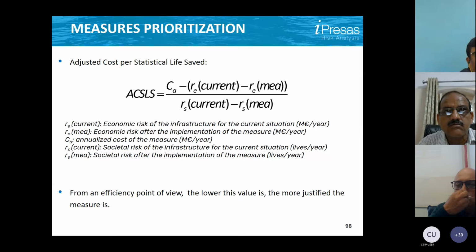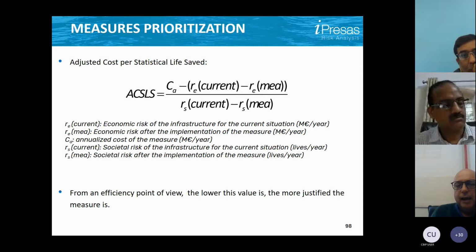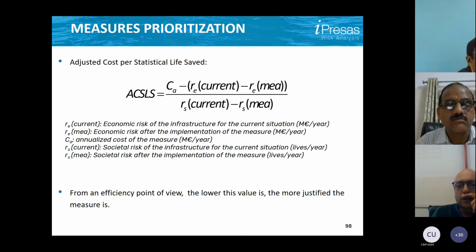So what is the adjusted cost per statistical life saved? Let me explain it because it's an important indicator. On the upper side, you have the cost of your investment. And then you can detach the economic risk now and the economic risk after the investment.